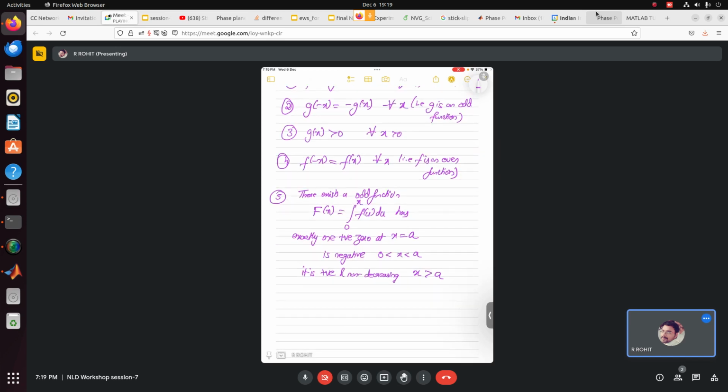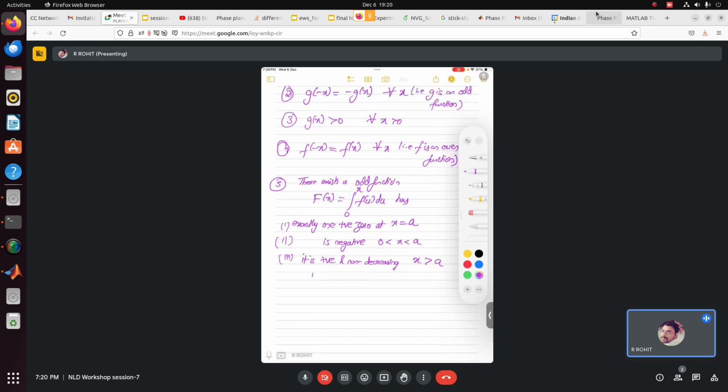So these conditions should be met by the system. For x greater than a, capital F of x tends to infinity as x tends to infinity, so that you can directly correlate.